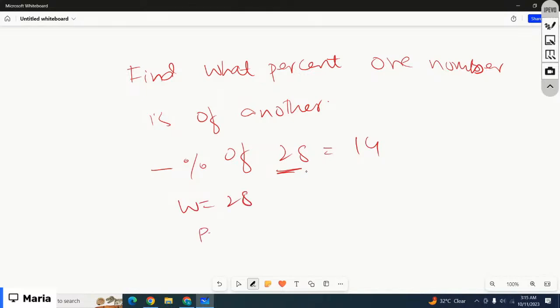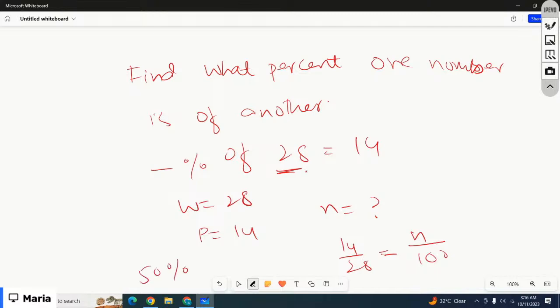You are given the part, that is 14, but you are not given the percent, and you need to find the percentage, right? So just form a proportion, that would be 14 over 28 equals n divided by 100, right? Just do cross multiplication. So 14 times 100 is 1400. So 1400 divided by 28, the correct option is 50.